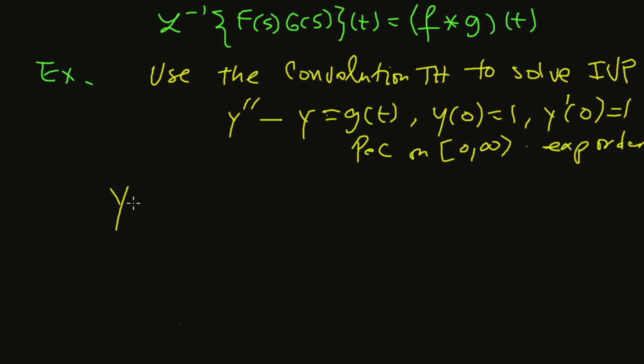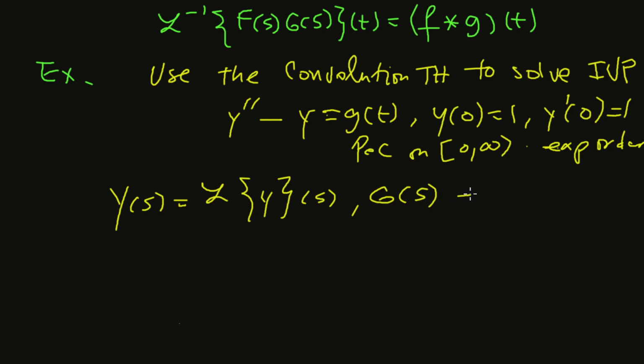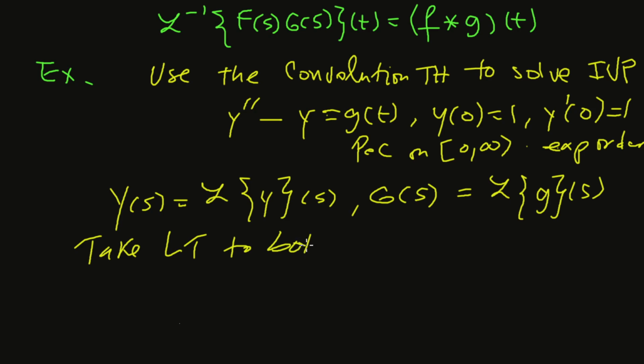Alright, so we're going to introduce of course this transform for y on s, and this big G to be the transform of g on s. Alright, so take the Laplace transform of both sides.